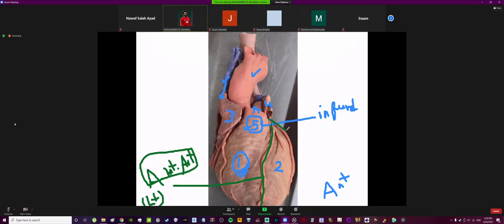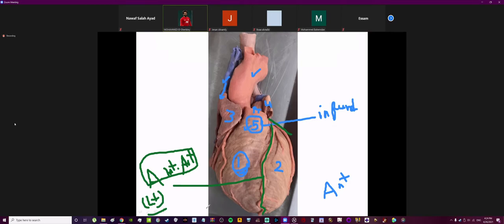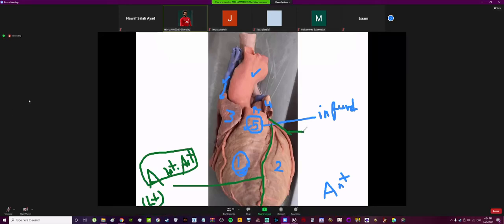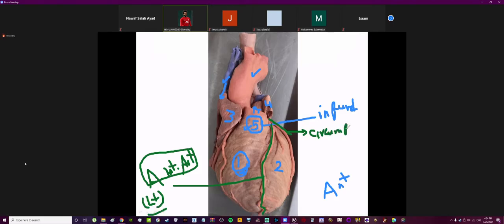What is this artery? Left circumflex. Circumflex coronary, which also branches from the left coronary.